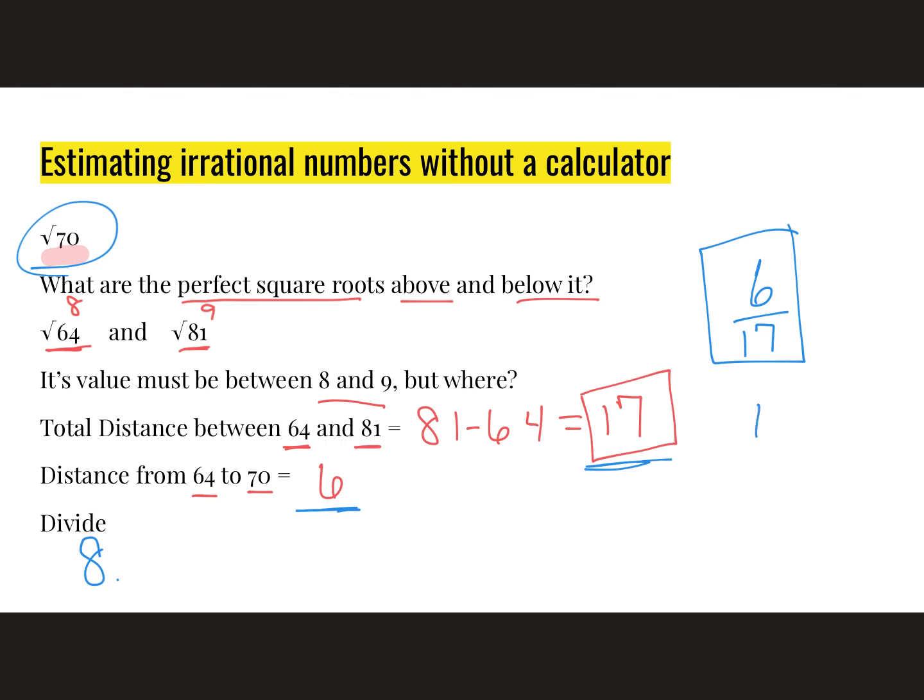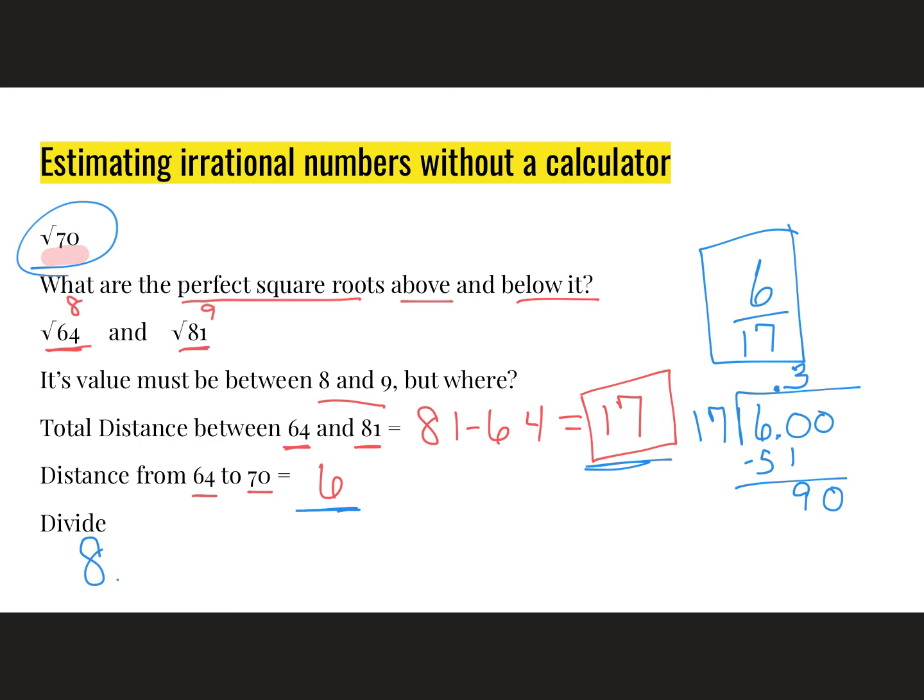So long division, 6.00 divided by 17. So 17 goes into 60 three times. 3 times 17 is 51, subtract it. I get 9 and a 0.